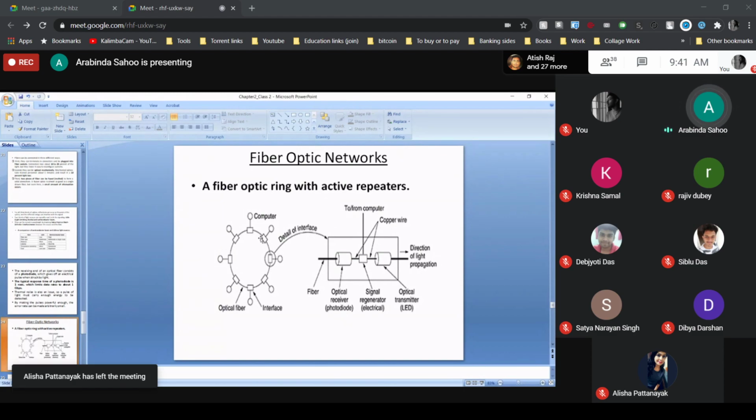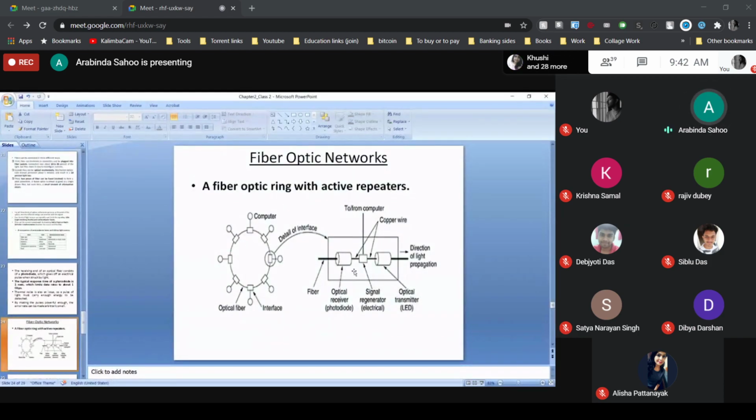Whenever you want to connect to this network, it receives the signal in the form of light pulses. So first you have to convert this light pulse to an electrical pulse, and that is done through your optical receiver, that is, your photodiode.